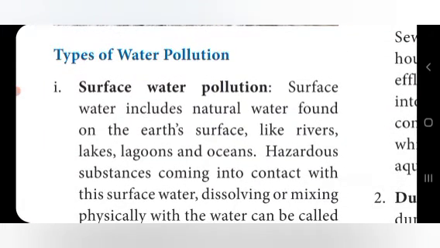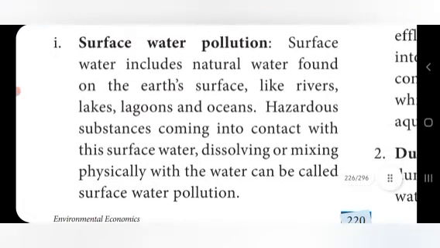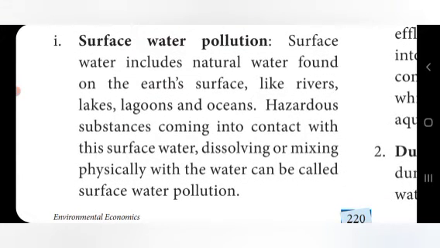Types of water pollution. The first type is surface water pollution. Surface water includes natural water found on the earth's surface, like rivers, lakes, lagoons and oceans. These are the natural water bodies found on the earth.